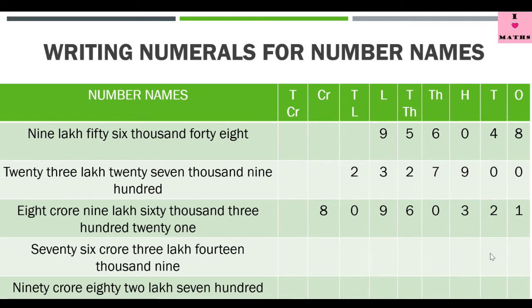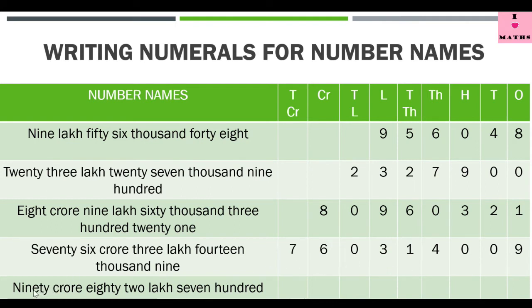So 0 hundred, 0 tens and 9. I repeat, 76 crore 3 lakh 14,009.